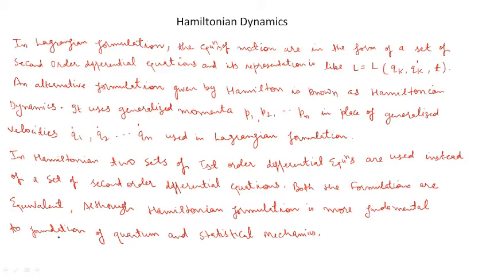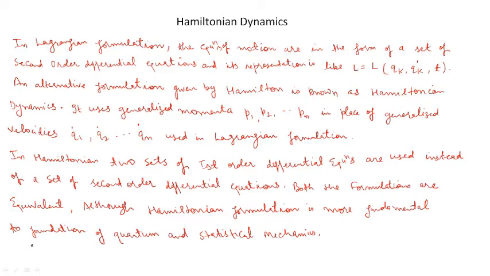But in Hamiltonian dynamics, the generalized velocities are replaced by generalized momenta, and here we use two sets of first order differential equations rather than a set of second order differential equations.